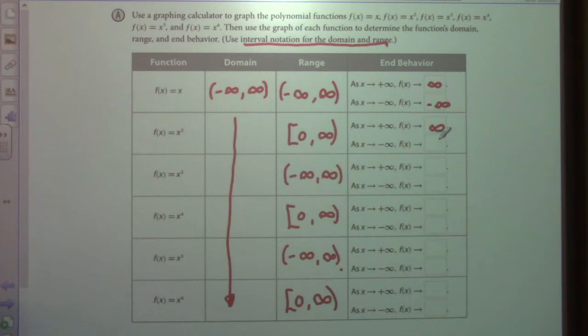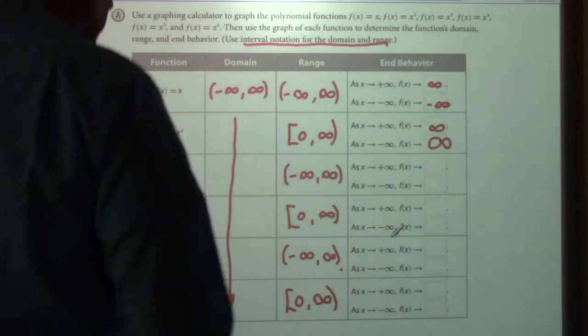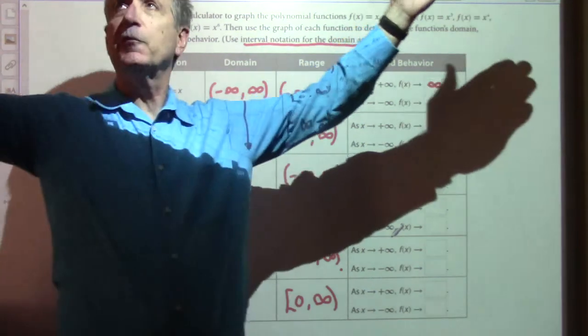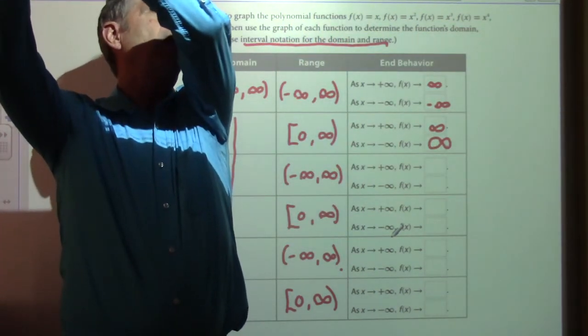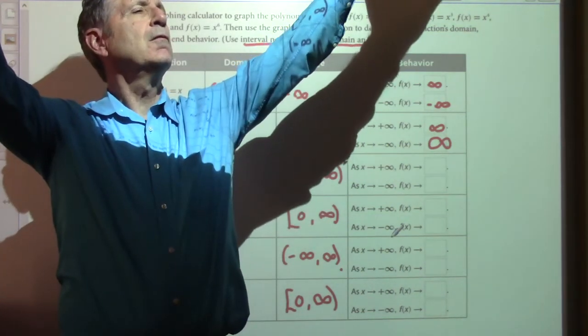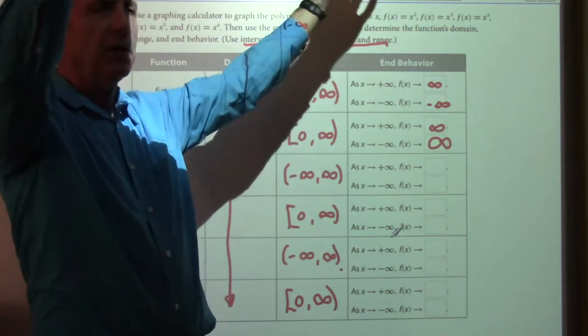It's this thing right here. Oh, it's infinity? So again, what this is, your even positive, starts high, ends high. Okay, that's what that is.